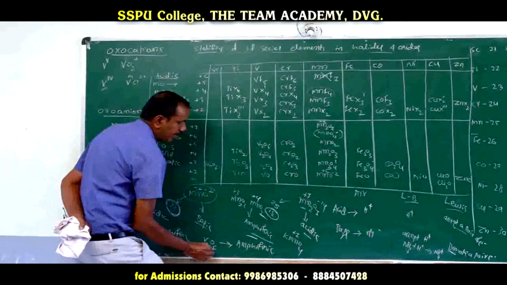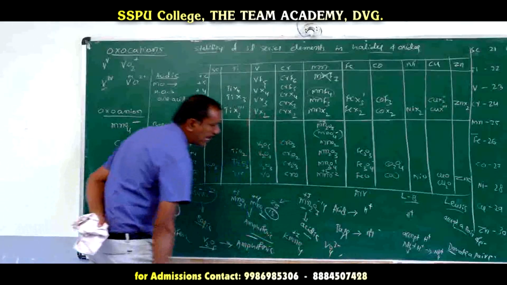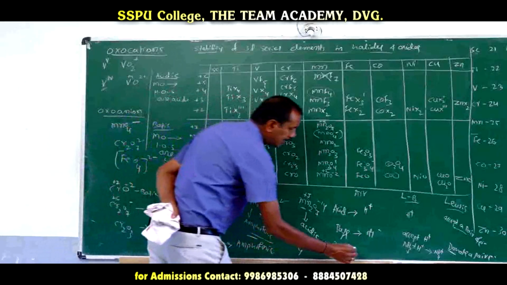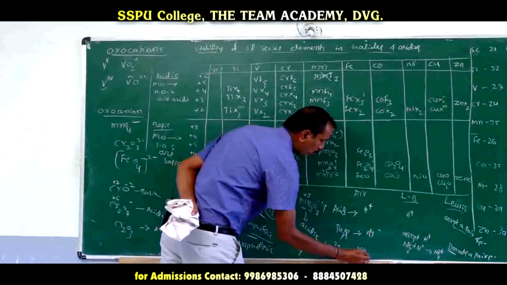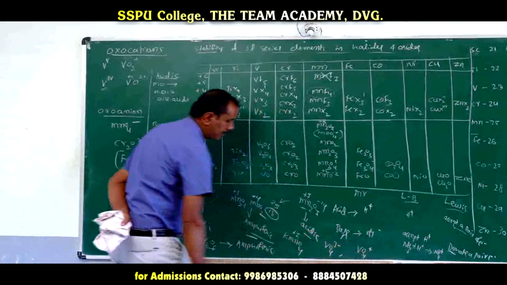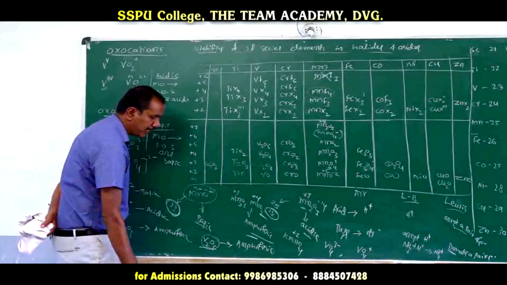V2O5 reacts with base and becomes the VO4 3- compound, an oxoanion. Then it can react with acid and becomes VO4+, an oxocation.